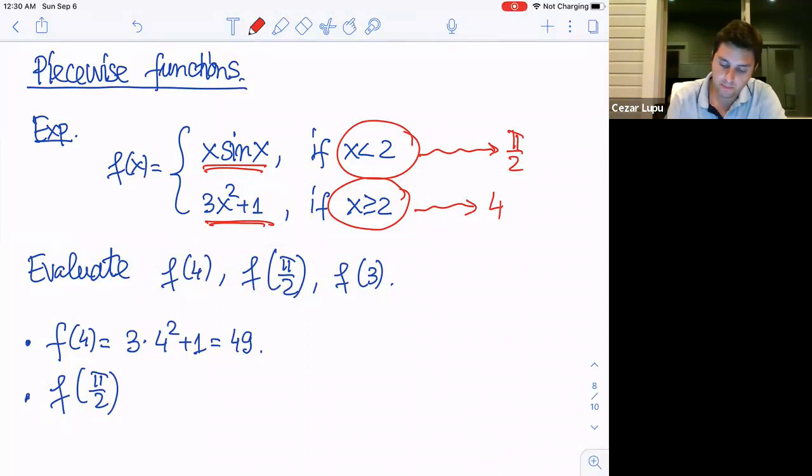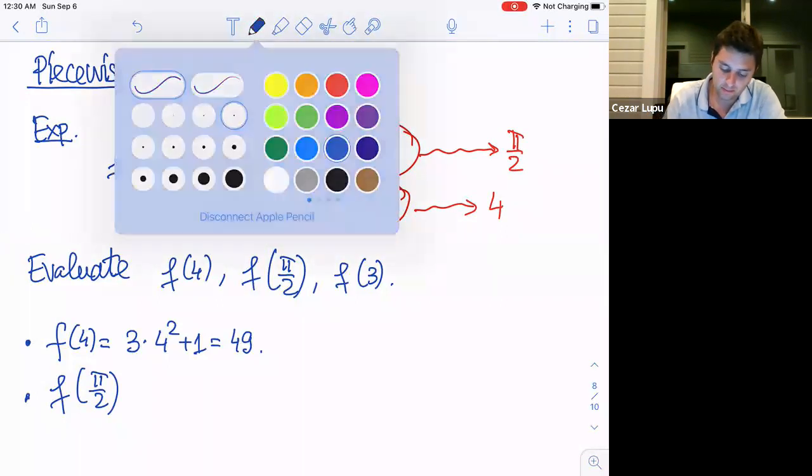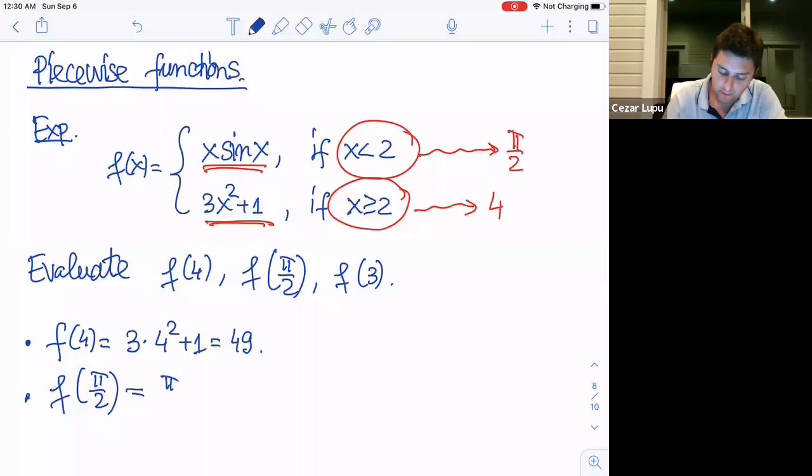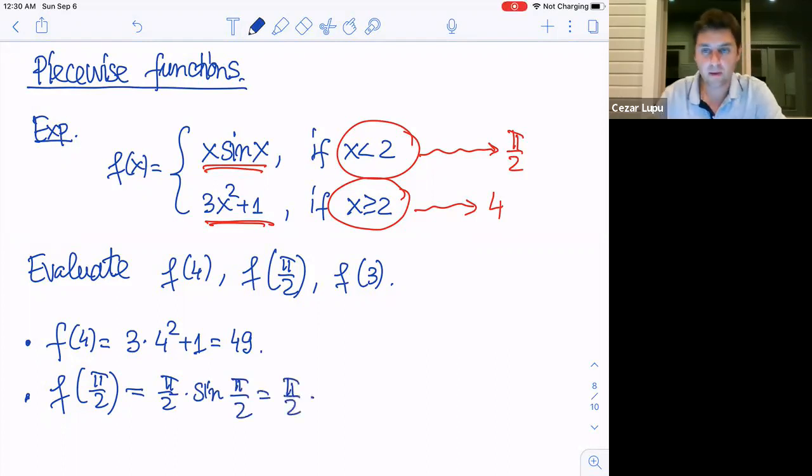So we will plug in for this function. So it will be pi over 2 times sine of pi over 2, which will give us pi over 2, right? Keep in mind that sine of pi over 2, as we have seen in the previous lecture, is 1.